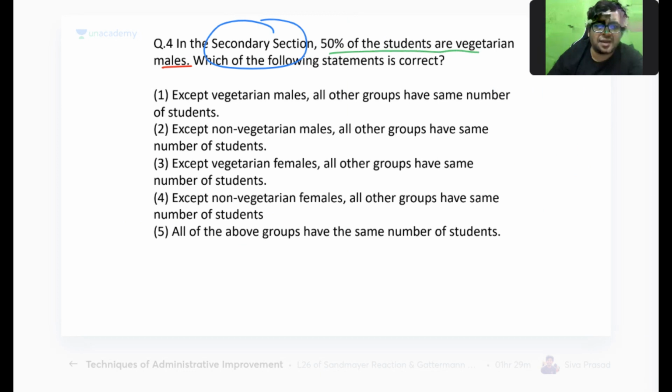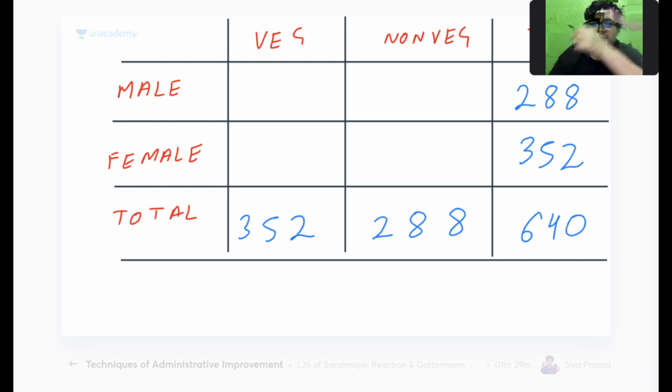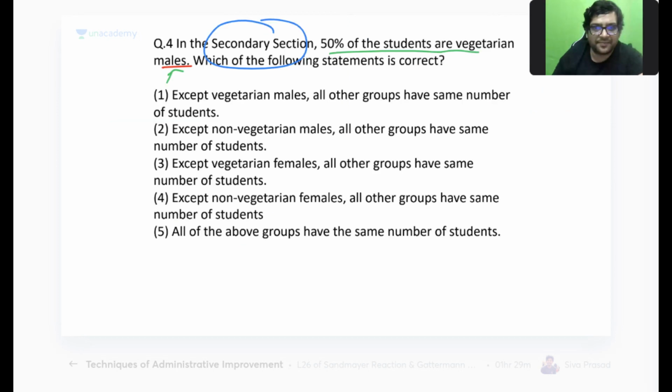50% of the students are vegetarian males. Okay, so that means out of 640, vegetarian males are 50%. I think इसमें कुछ गड़बड़ है.